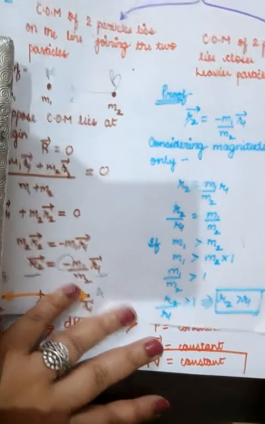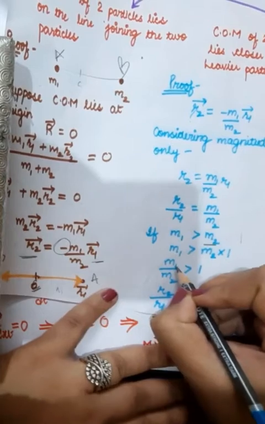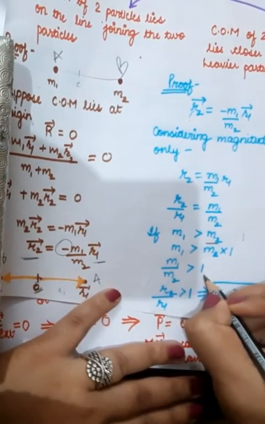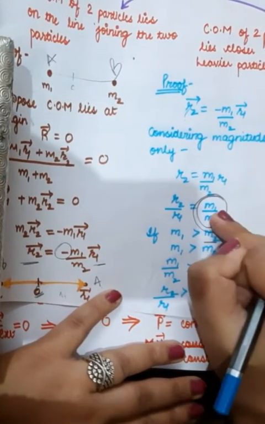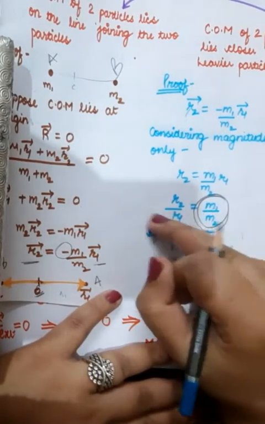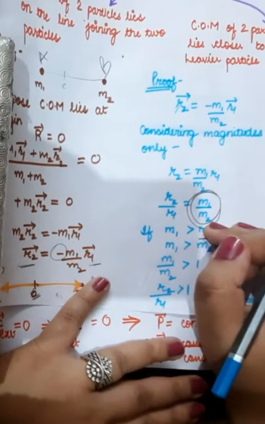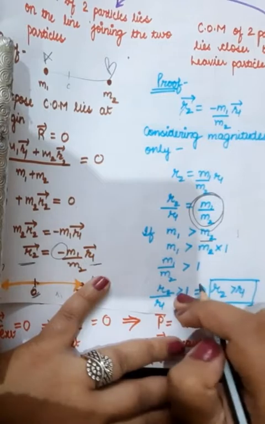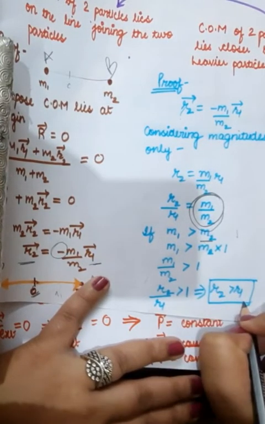Makes no difference. So take this M2 to the other side. You're going to get M1 upon M2 greater than 1. So this side of this equation is greater than 1, isn't it? So if this is greater than 1, this also has to be greater than 1, because they both are equal. Like if M1 by M2 is greater than 1, R2 by R1 is also greater than 1. So this means R2 is greater than R1.